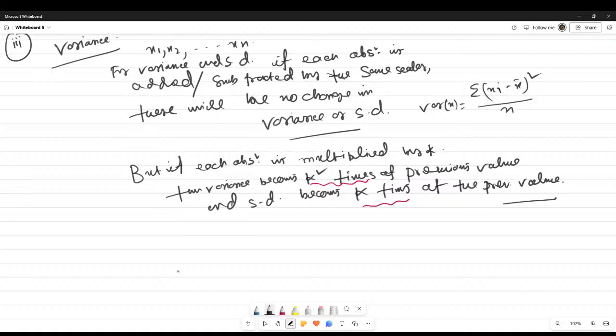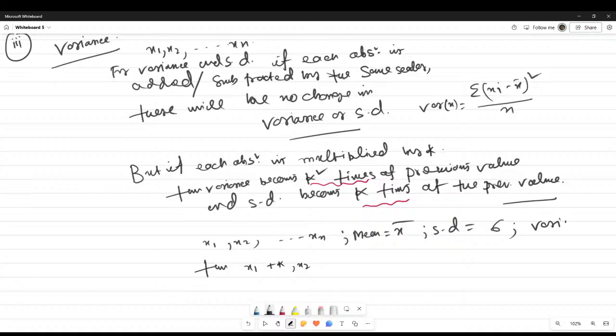Then suppose we have a set of observations x1, x2, ..., xn. Their mean is x bar, SD is sigma, variance sigma square.